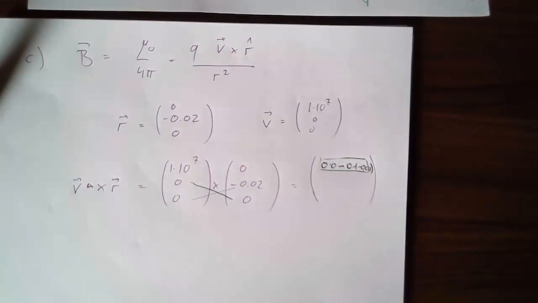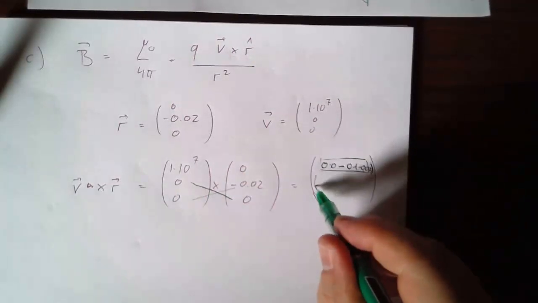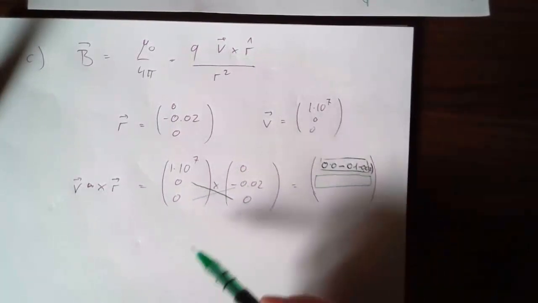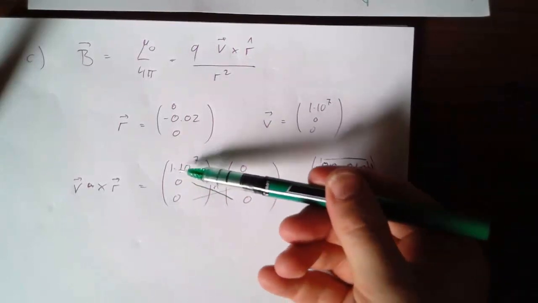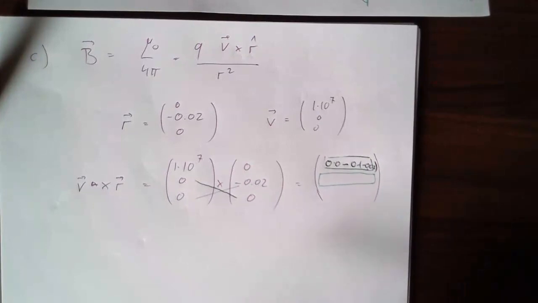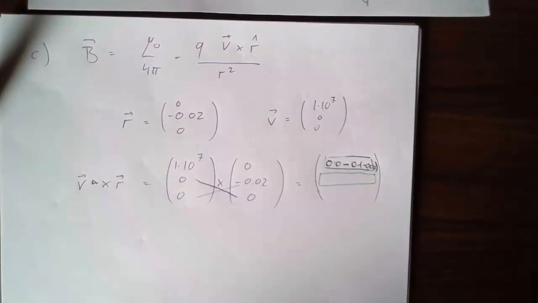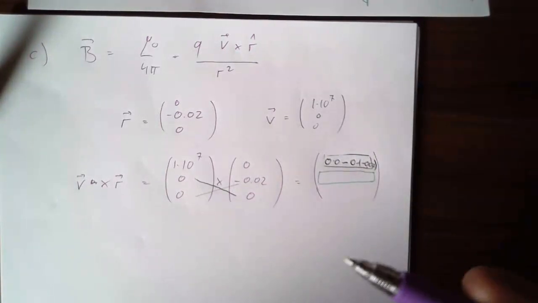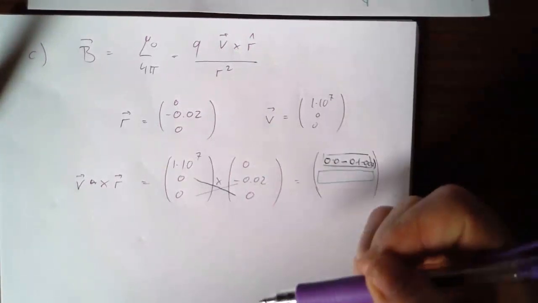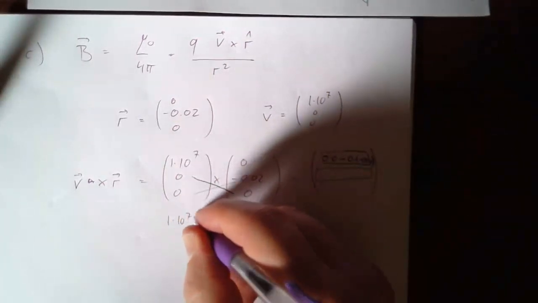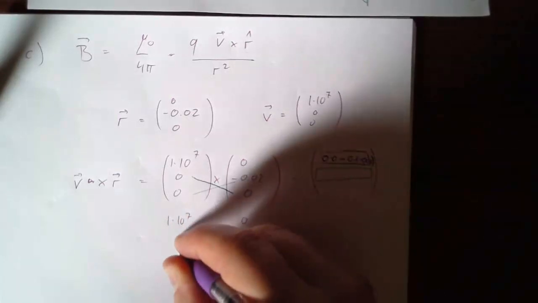It was easy. Now let's figure out the y component here. For this one, remember you sort of move one down. You can do the trick where you copy out the first and second row again down here if you're more comfortable doing that. Why not? Let's do it that way. So one trick for doing the mechanics of evaluating a cross product is to write it down in column form, and you just copy out the first 2 rows again underneath it.